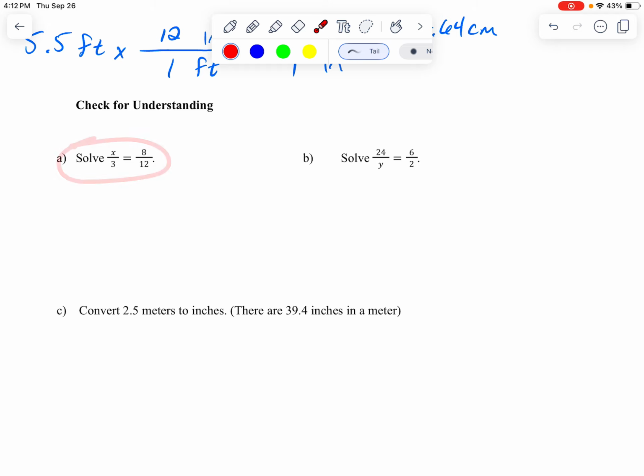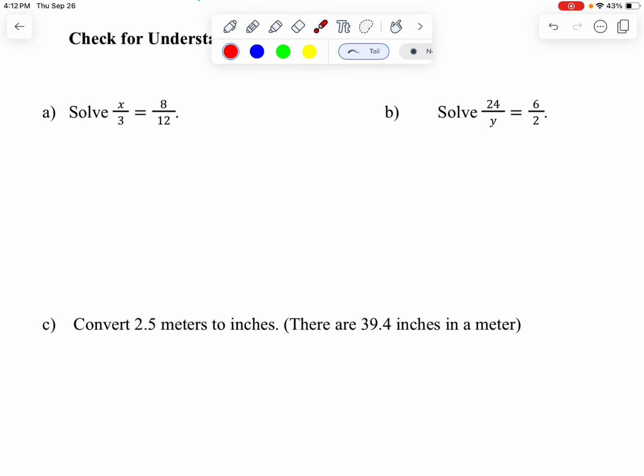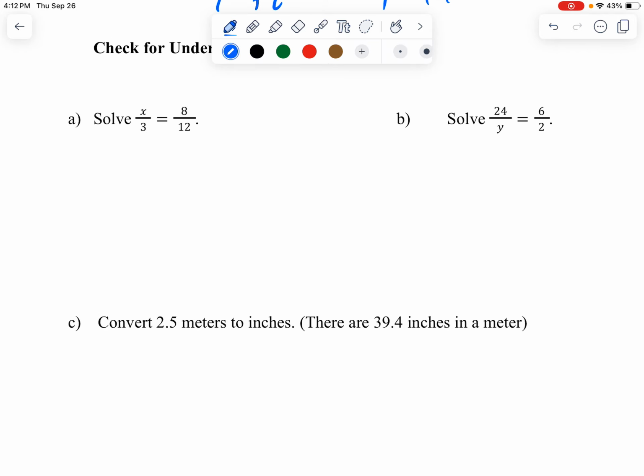So looking at this first proportion, we're lucky, and we've got that variable on top. That makes it a nice easy one step. I'm going to rewrite it just so it's easy to see. So remember, right now I have x divided by 3, and since I want x by itself, I'm just going to multiply both sides by 3. And I always like to think of that as 3 over 1, so I've got fractions.